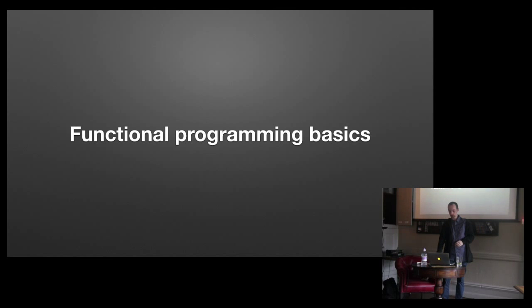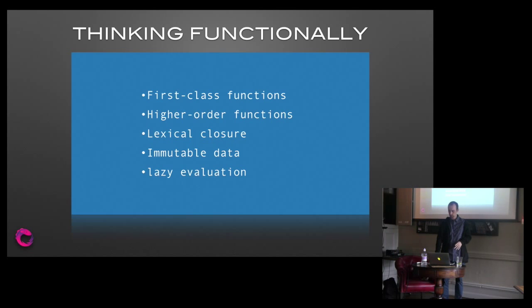So I'm just going to do a little bit of basics on RxJS versions of functional programming. So thinking functionally, first of all. It's first-class functions, higher-order functions, and there's a lexical closure around all of these functions, and it's using immutable data. In other words, with immutable data you're always just changing a copy of the data.